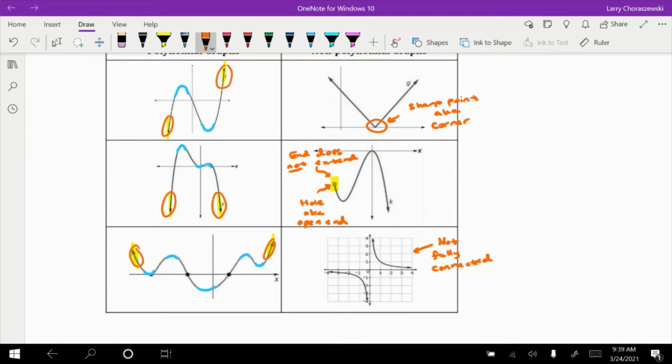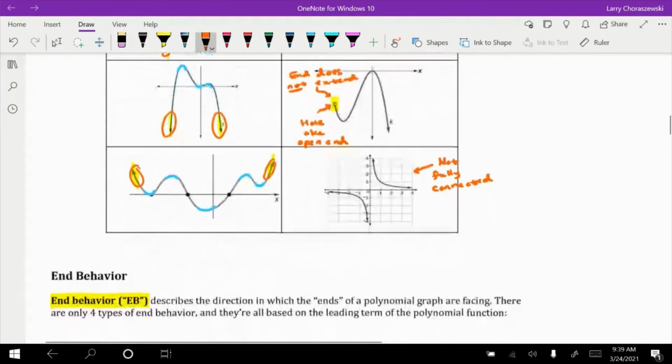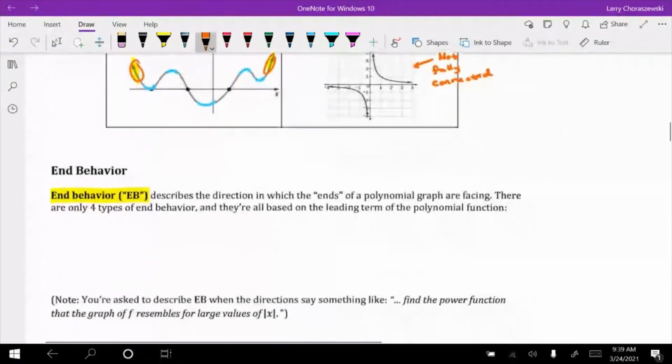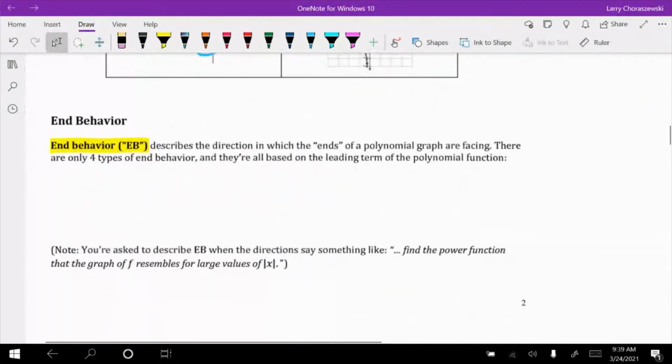So one end is pointing up in quadrant 1, the other up in quadrant 2. And again, the reasoning behind why all that's happening has to do with the leading coefficient and the degree of the polynomial function. So it says here, end behavior describes the direction in which the ends of a polynomial graph are facing.